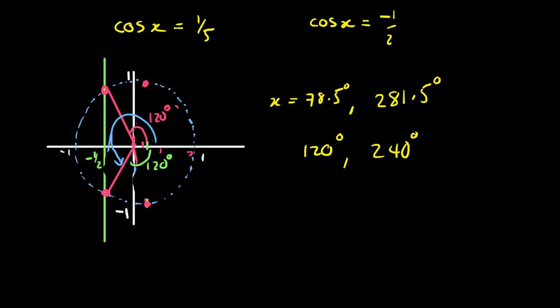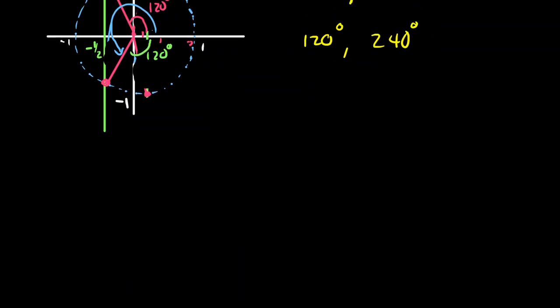But there is one other way that you could do this, which I will also indicate now. And that other way is to use the cosine graph. Okay, so I'm going to try to draw the cosine graph here. The cosine graph looks kind of like that.